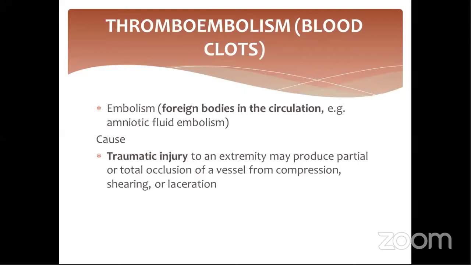When a foreign body is in circulation, the main causative factor is first traumatic injury, internal or external trauma. So have you heard about tamponade, vessel compression, shearing or laceration? Cardiac tamponade is one of the reasons for this.